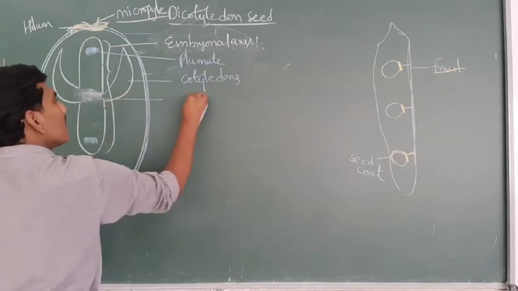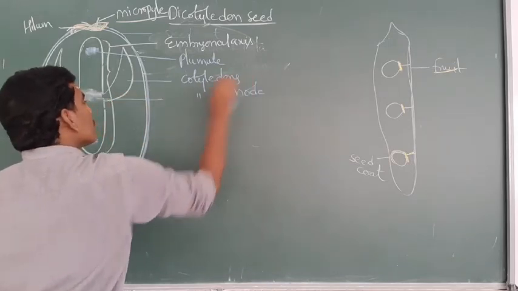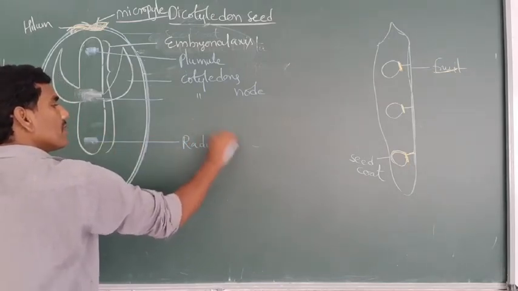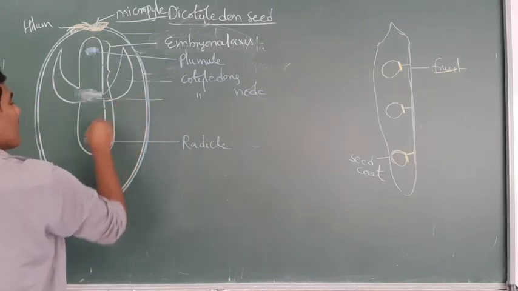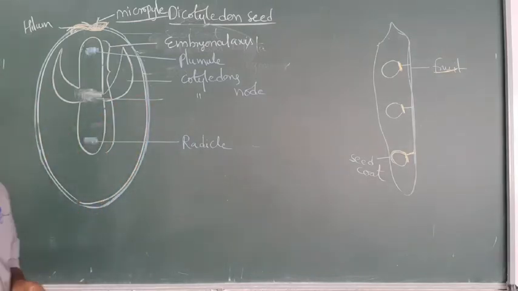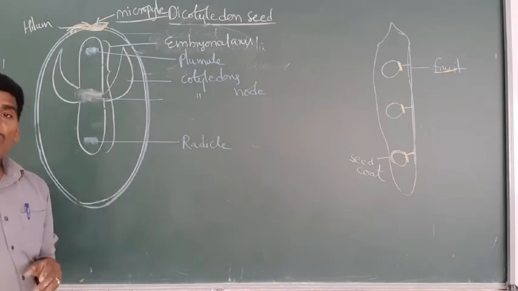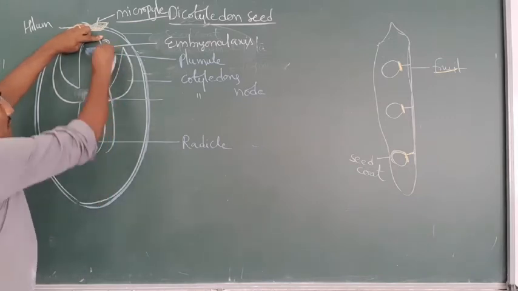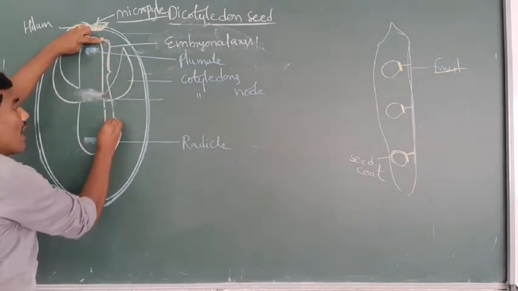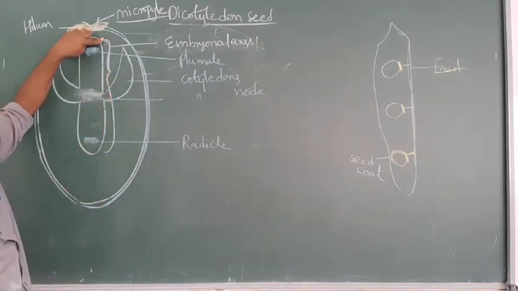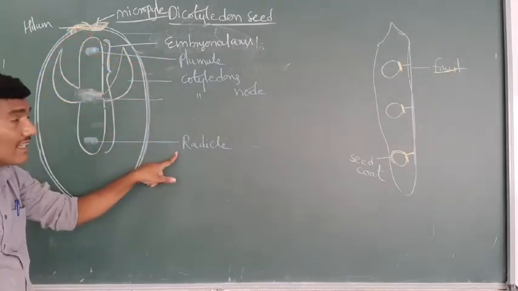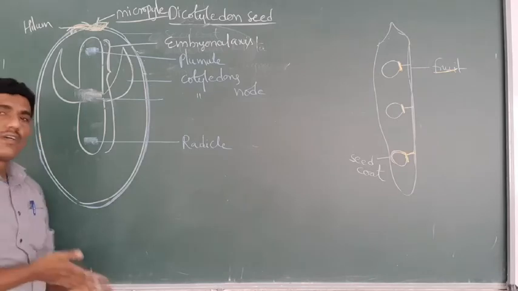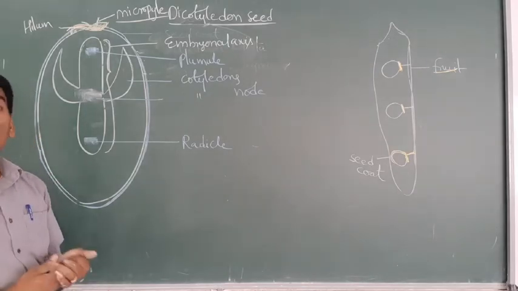This is the cotyledonary node. This is the radicle. That's why within the seed coat is the embryo, consisting of the embryonal axis, plumule, radicle, and cotyledons.